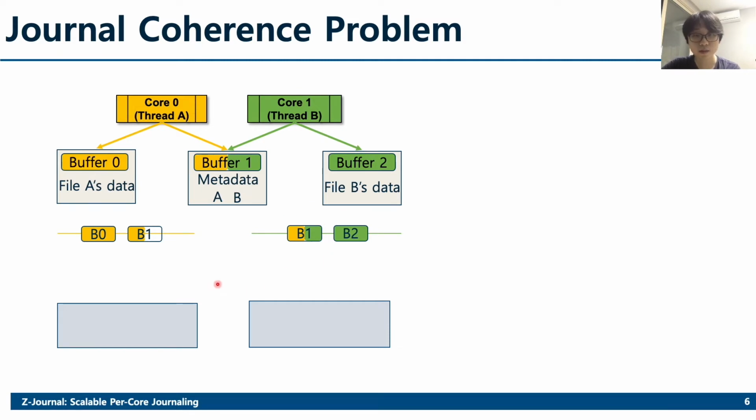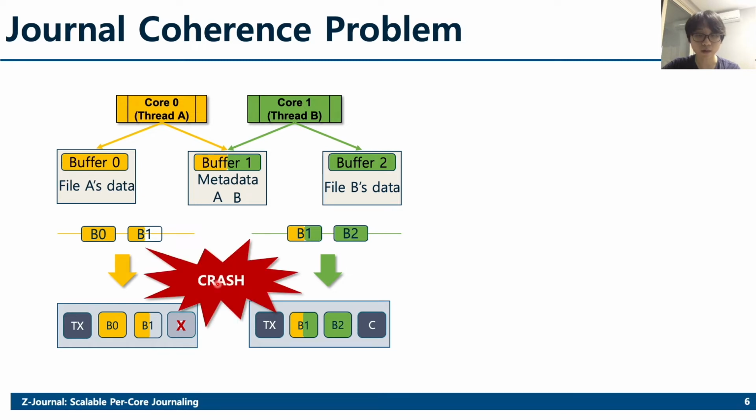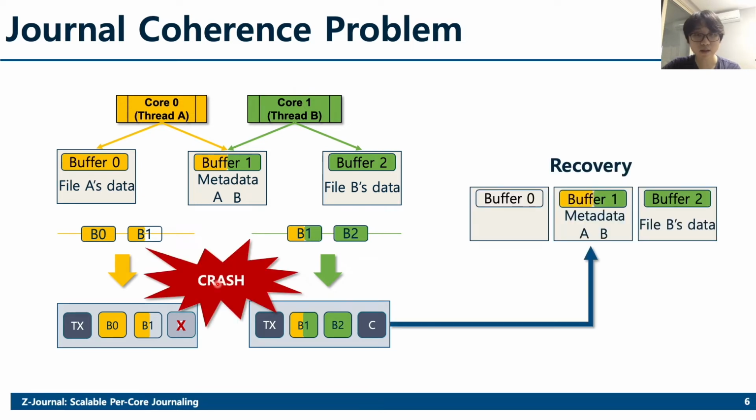For some reason, journal 1 can be committed earlier than journal 0. This can happen because they work independently of each other, right? After journal 1 finishes commit and while journal 0 is committing, a crash may occur. In such a case, the committed buffer 1 holds the modification both from core 0 and core 1.